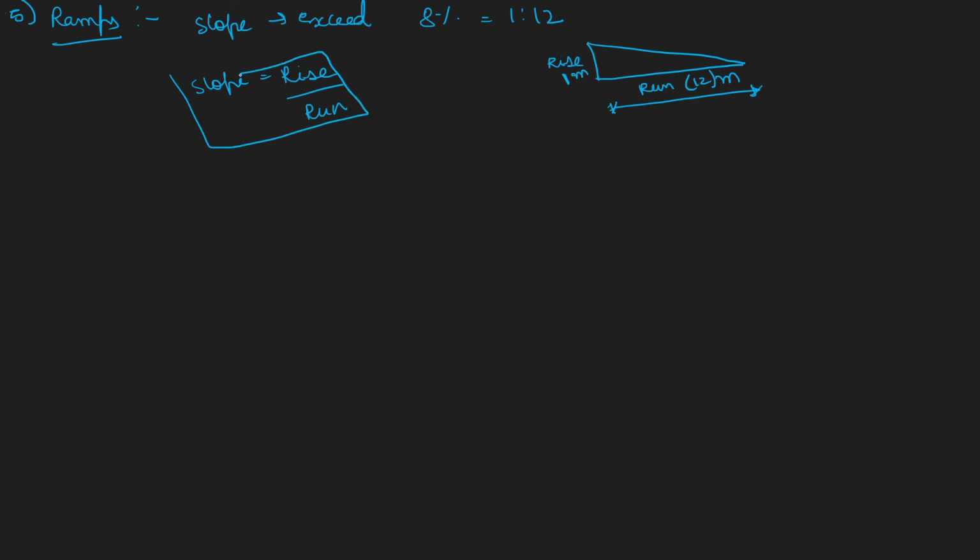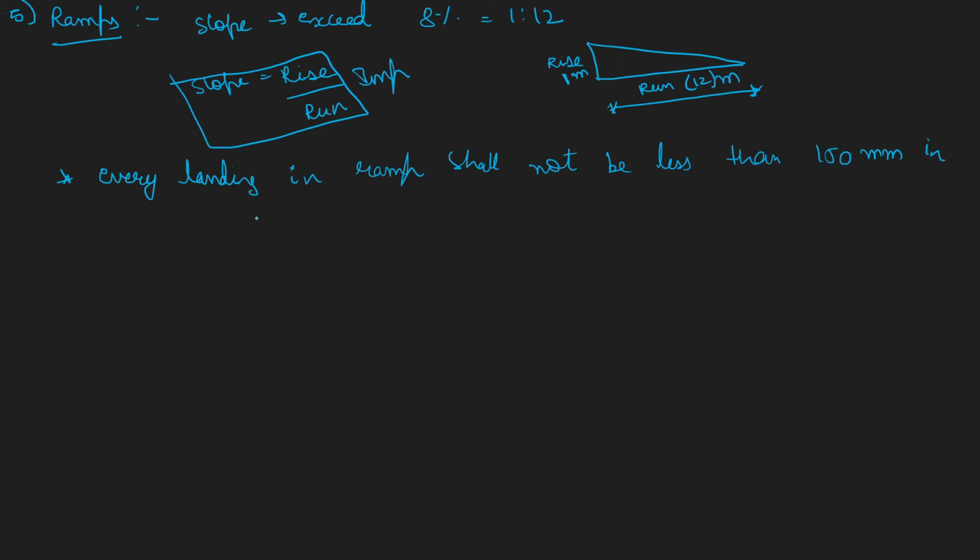This is an important formula in many topics of different sections. We can find this formula in landscape and other topics. We need this formula to solve the NAT problems. An important point is that every landing in a ramp shall not be less than 150 mm in the direction of travel. This is about ramps.